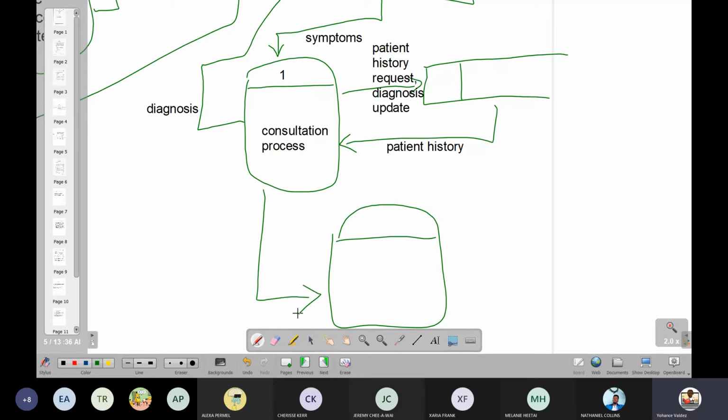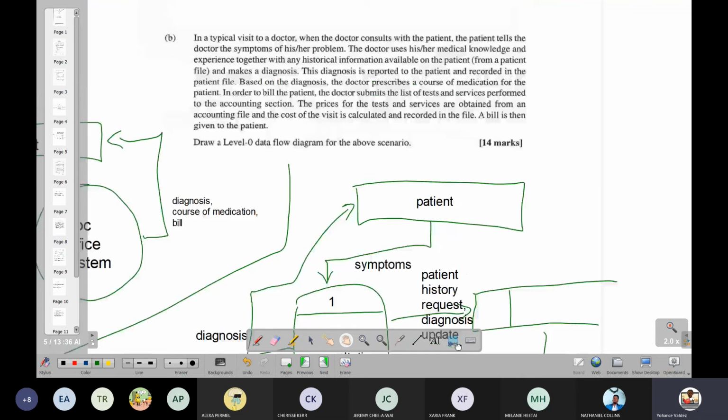The diagnosis also goes down to the prescription process. So this is the second thing that we have here, the prescription process. And what do we say happens in the prescription process? Based on the diagnosis, the doctor prescribes a course of medication for the patient.